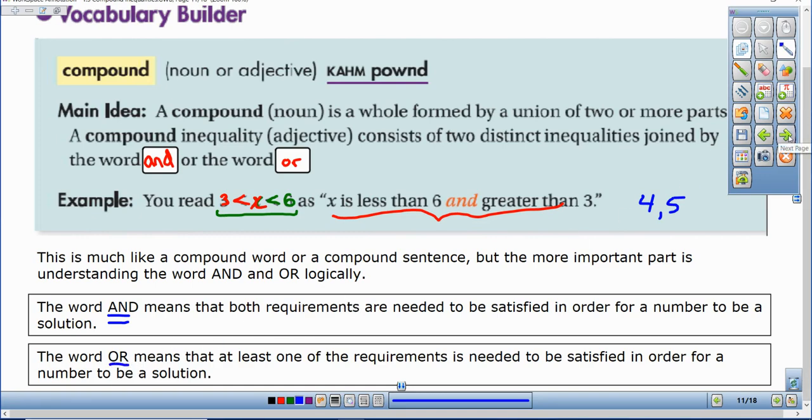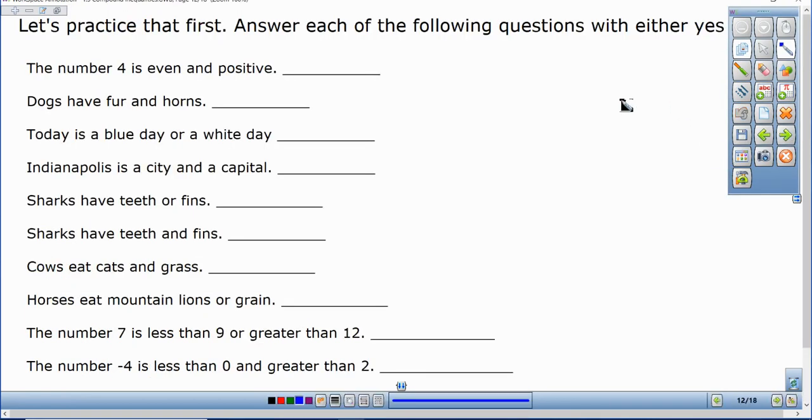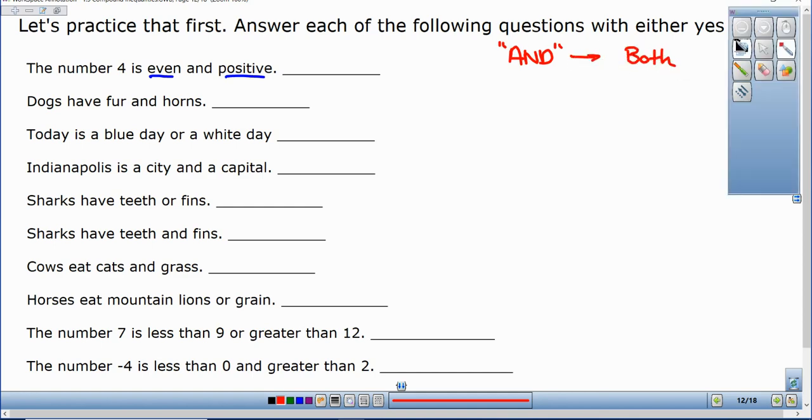On the next page, we're going to quickly practice this with some silly examples that I have. The number 4 is even. Yes, it is. And positive. Yes, it is. So you've got to be thinking, "and" is where both need to be true.